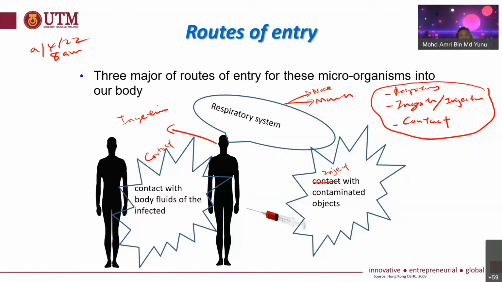So those are the routes of entry for this microorganism, bacteria, or virus. We can say that injection can be by a vector like Aedes. When they bite, the virus is possibly transferred into our body system.